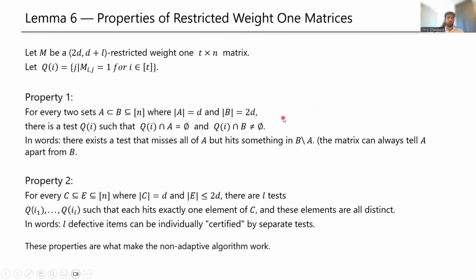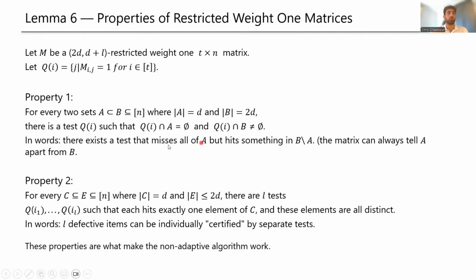If we want to put this in words, there exists a test that misses all of A but hits something in B excluding A, which is the elements that are present in B but not in A. In easier terms, the matrix can always tell A apart from B. This is property number 1.